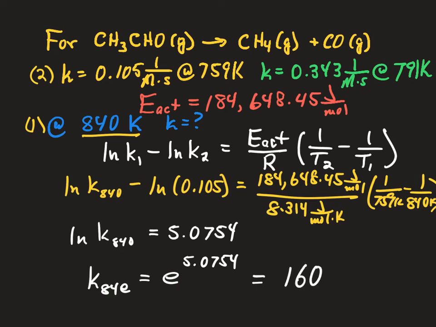All of that is unitless, so we have to go back to our initial problem to find units. All of our Ks are in the same units, so that's per molar per second. And that's how we would find K at a new temperature using the two-point Arrhenius equation.